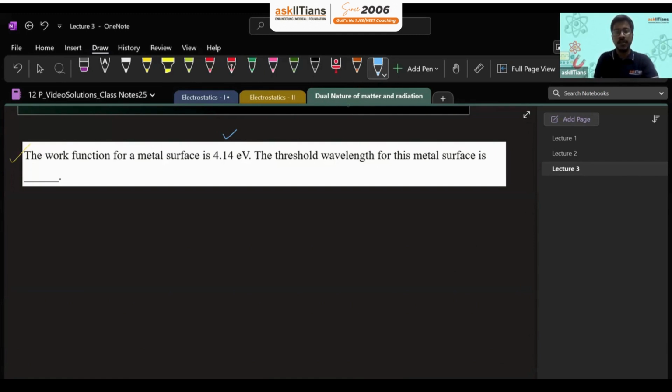The work function phi is given. Work function phi is defined as h nu naught, where nu naught is the threshold frequency. But they are asking for the threshold wavelength, right? So we can replace this in terms of wavelength, hc by lambda naught. So I can write lambda naught is equal to hc by phi.